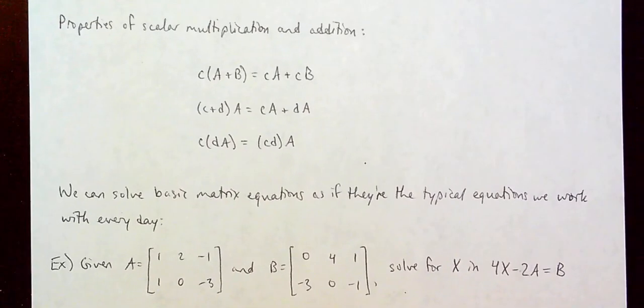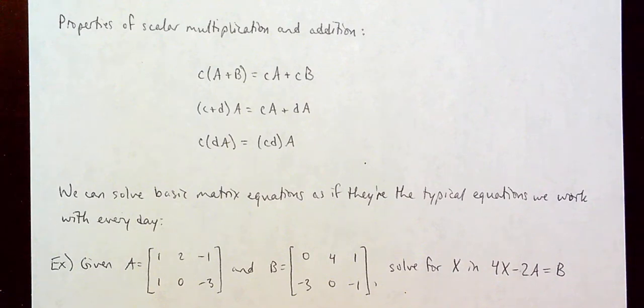So we can solve basic matrix equations as if they were just typical equations that we work with every single day. Things like 2x minus 1 is equal to 13. It's really straightforward and easy to solve for x there. In that context, x is just some number.